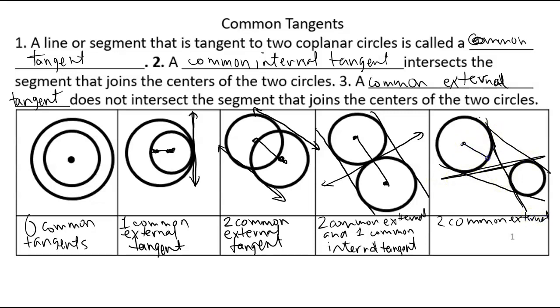And again, if I were to connect the centers, you can see that those two tangents intersect that. So they are considered common internal tangents. So it has two common internal and two common external tangents. Anytime you draw circles, you can have up to 4 common tangents, and 0 can also be an answer. So 0, 1, 2, 3, or 4.